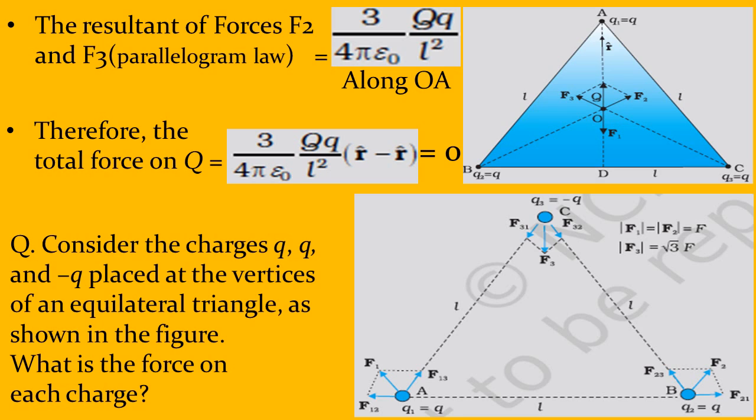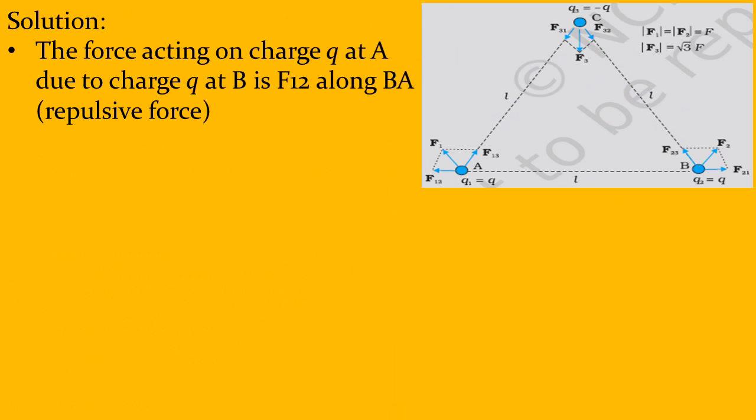Q1, Q2, Q3. That means on Q1, I have a force due to Q2 and Q3. On Q2, I have a force due to Q1 and Q3. And on Q3, I have a force due to Q1 and Q2. What is the force on each charge?